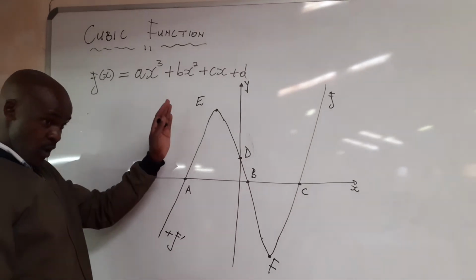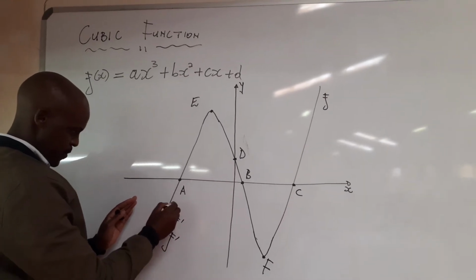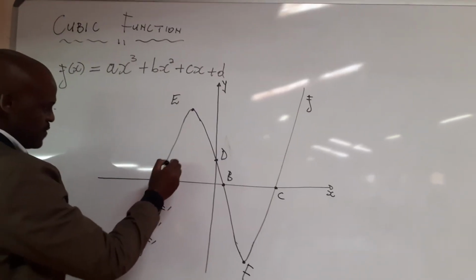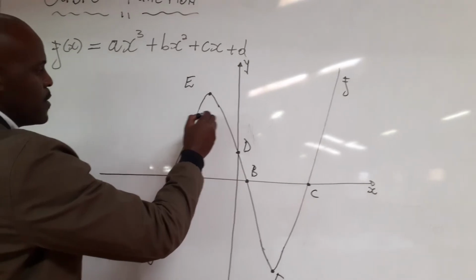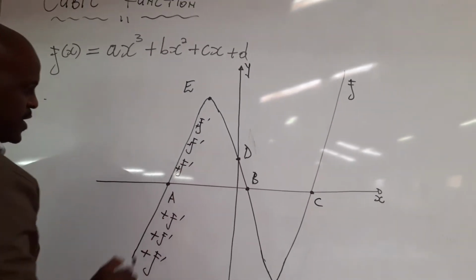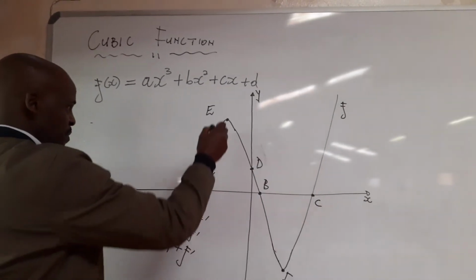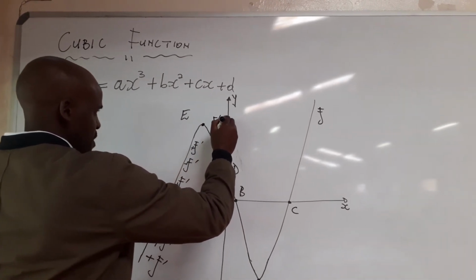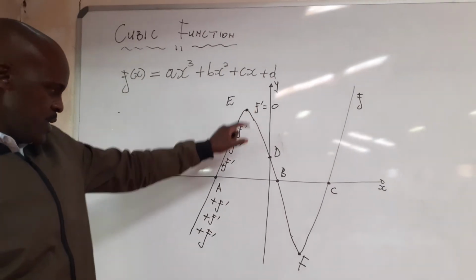We are going upward, so the gradient is positive at any of those points. But at this point, the gradient is 0. At the stationary point, the gradient is 0.